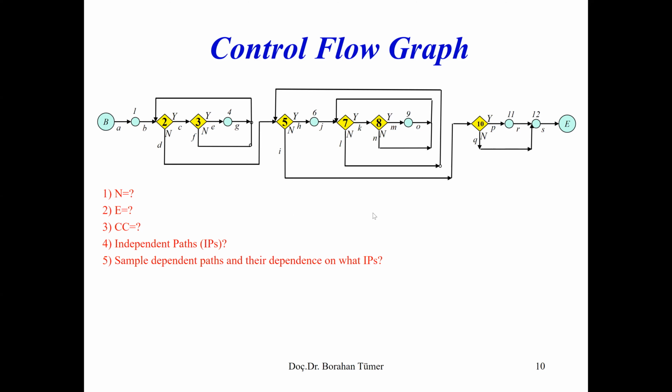What is 7 now for this control flow graph? What does the cyclomatic complexity tell us? Yes, exactly. Thank you, Kevser. It is the number of the independent paths. Again, let's find for this control flow graph the independent paths.